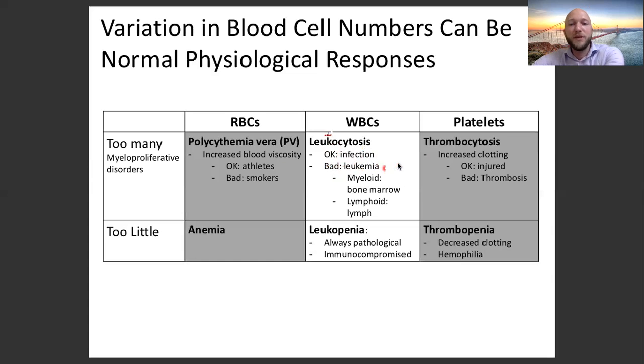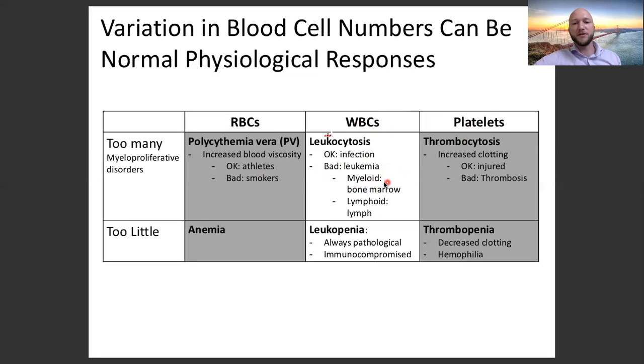If you have too many white blood cells because you have leukemia, not a good thing. So a myeloid issue is going to refer to a bone marrow issue. And red blood cells, white blood cells, and platelets are all made in the bone marrow.